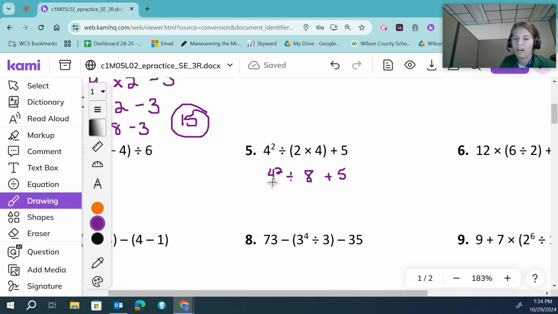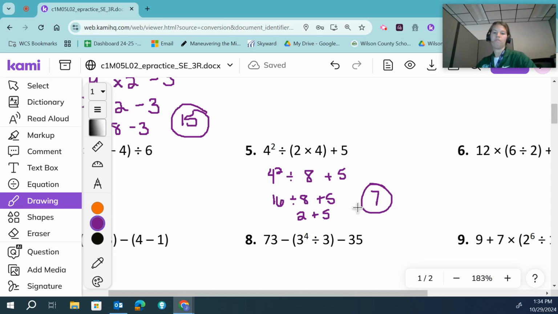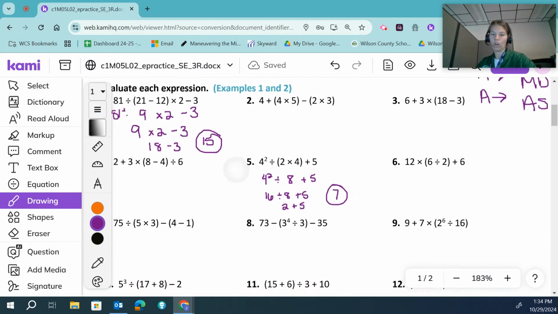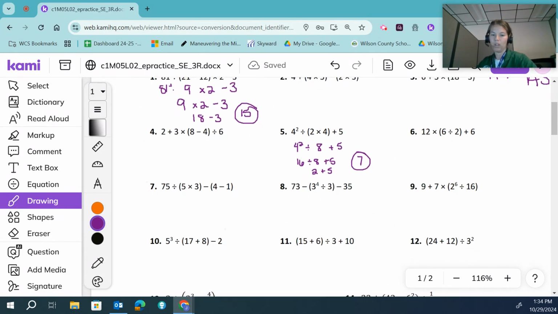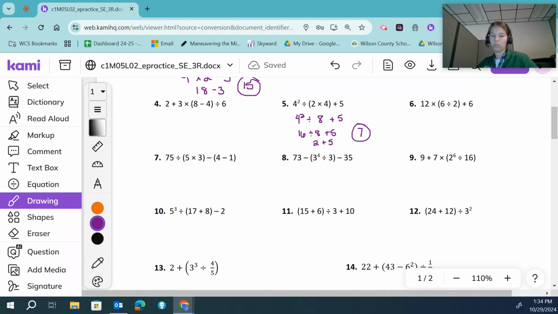So 4 squared is 4 times 4 is 16, divided by 8 plus 5. 16 divided by 8 is 2, plus 5 is 7. So you just follow those steps in order as they are shown in the problem. Again, multiplication and division, you start from the left to the right and work those through.